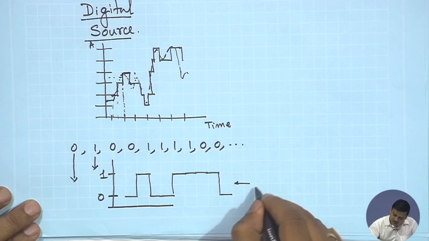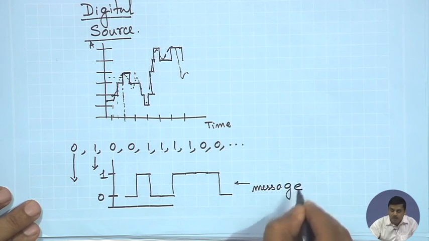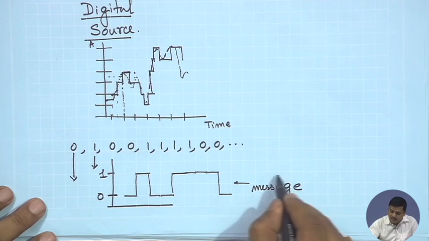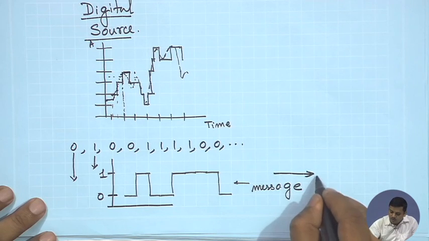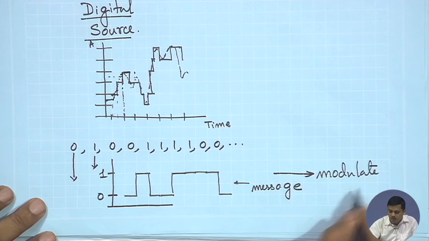Now if you have studied analog communication, we can simply say that this particular sequence is my message, and this message I will use to modulate the carrier.